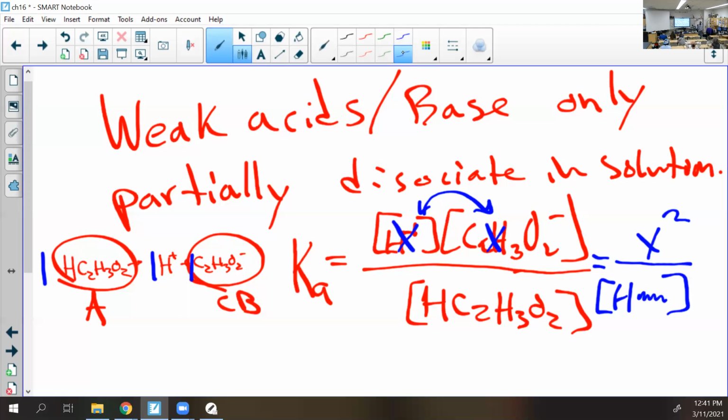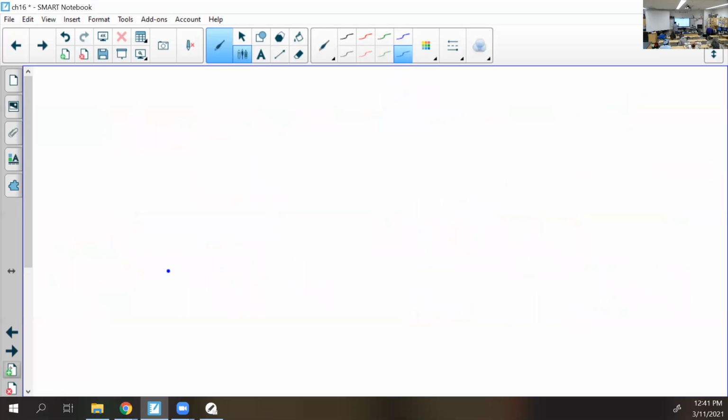Okay, now here's something that's kind of cool too. Most of this does not dissociate. So let's say I had a concentration originally of 0.5. If we did a little math, which we won't need to do, it'd be something like 0.0001 of it does break apart.